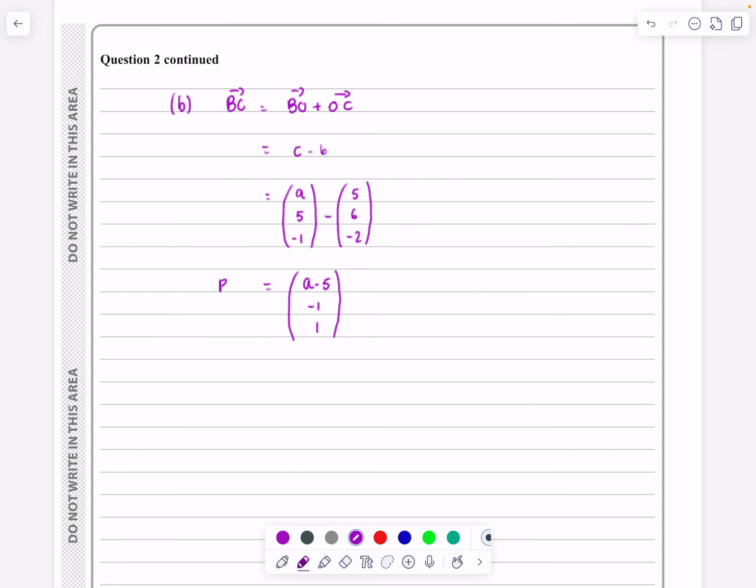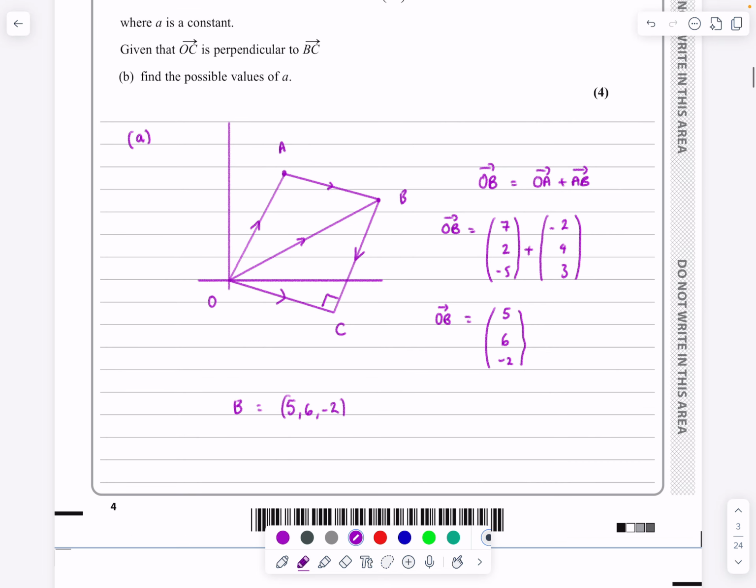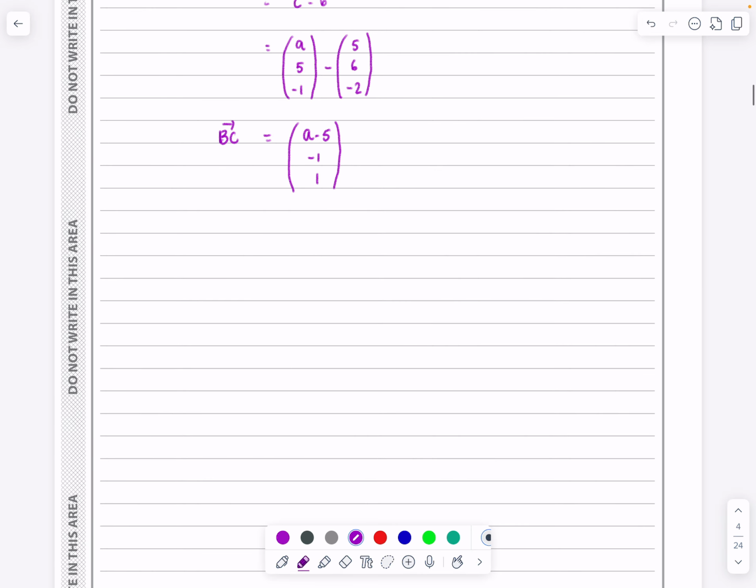So that's BC. And if we have the diagram where BC is perpendicular to OC, then what we'll be able to say, let's say this to the examiner, is if BC is perpendicular to OC, then BC dotted with OC is equal to 0, isn't it?